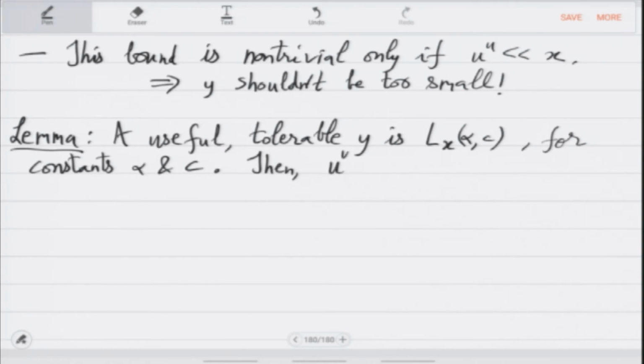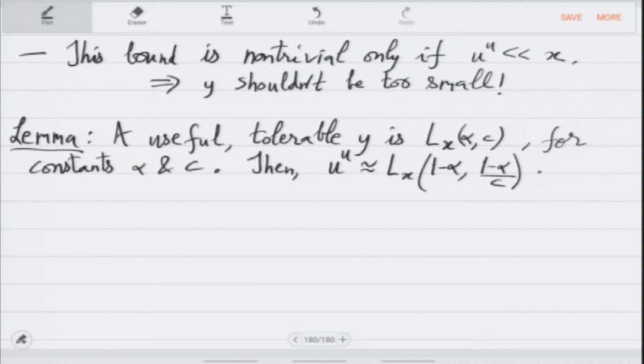So in that case, u raised to u comes out to be actually L_x(1 minus alpha, (1 minus alpha)/c). One minus alpha appears there in the second exponent if you started with alpha.